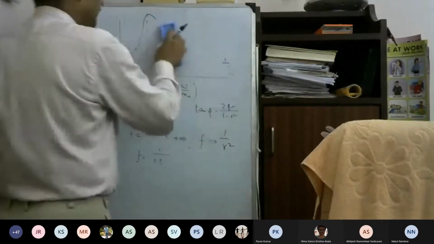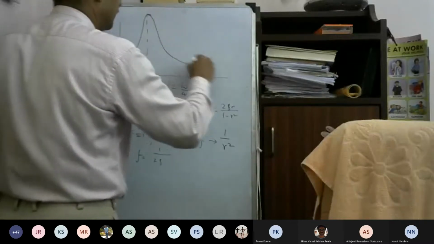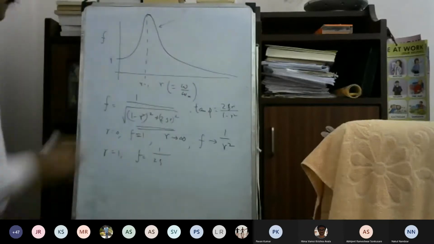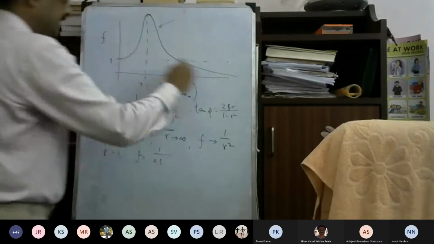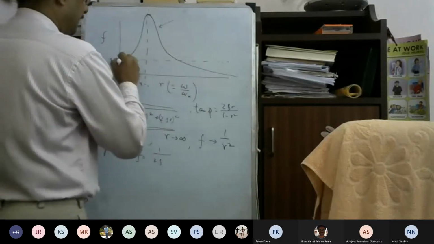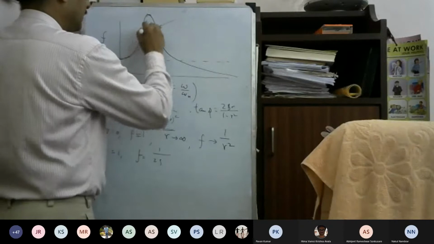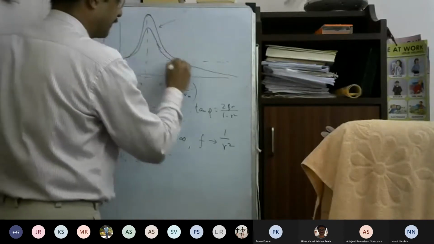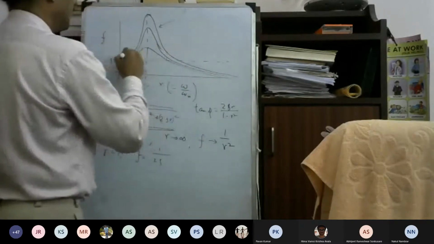Let me draw it more clearly. That is for one zeta. This is 1 and it is decaying. Now if you have more zeta, if zeta increases, then this peak will be like this, like this.